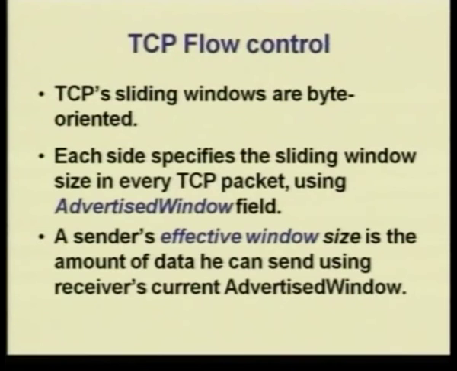Packet by packet you can vary the window size. That is the beauty of TCP, it allows you to adaptively change the window size. Third, the sender's effective window is the amount of data he can send using the receiver's current advertised window size. So on a packet by packet basis, you are able to send information that can control the effective window size at the sender. This is the crux of the TCP flow control mechanism.